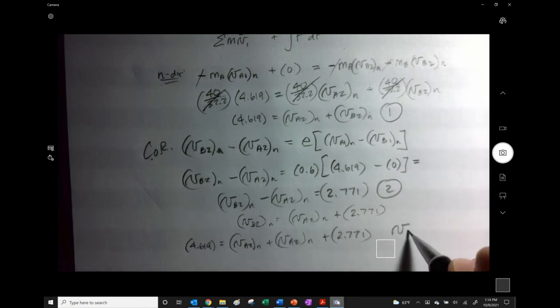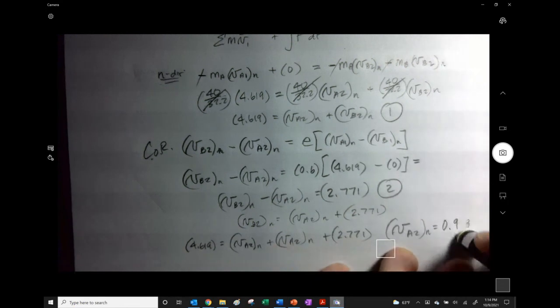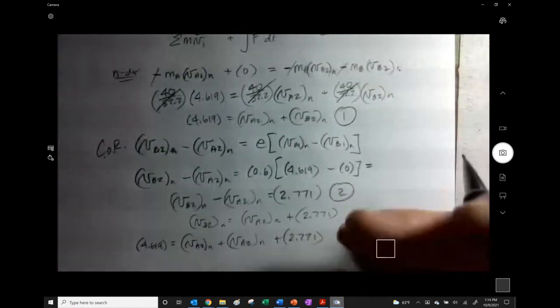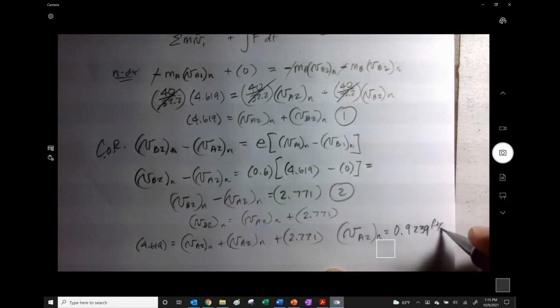And I'm able to find VA2n is equal to, we're just going to subtract it out, 4.619, the other one subtracted from, and then divide by 2, because there's 2 of those, and we get 0.9239, and these should be feet per second.